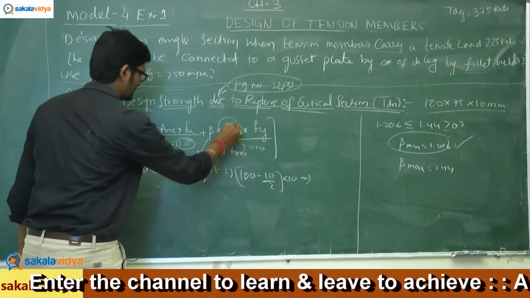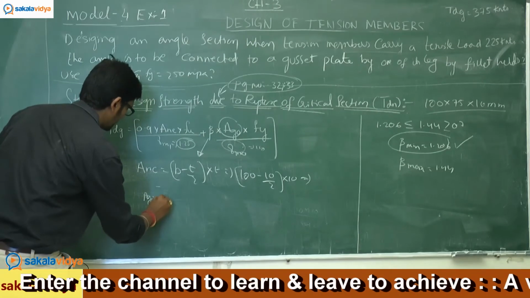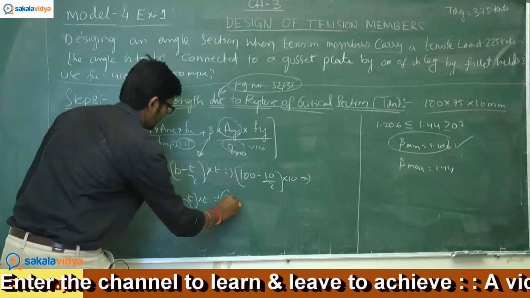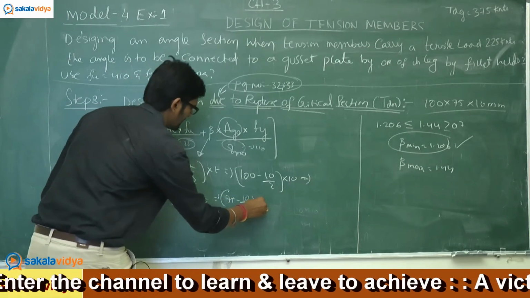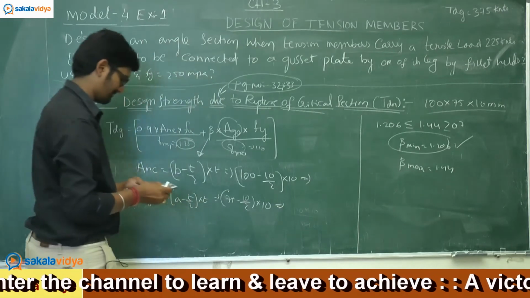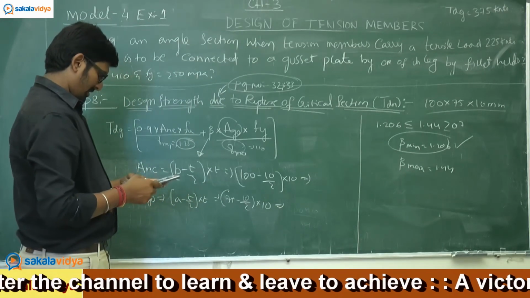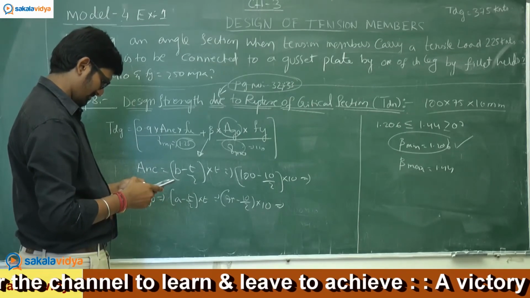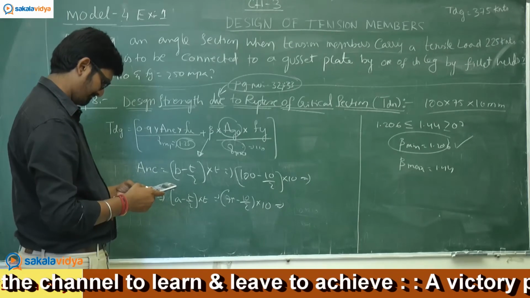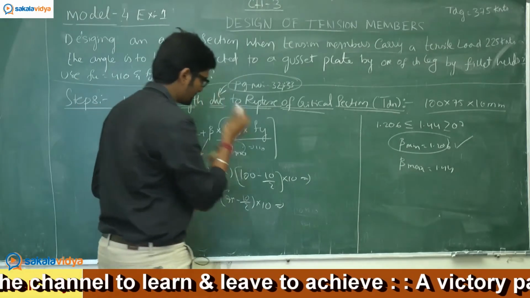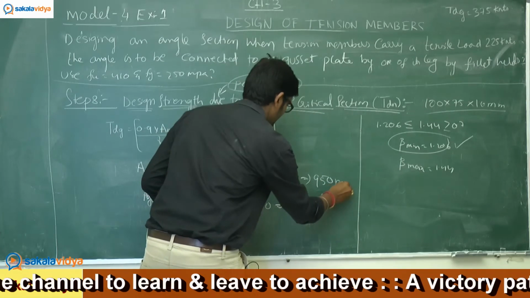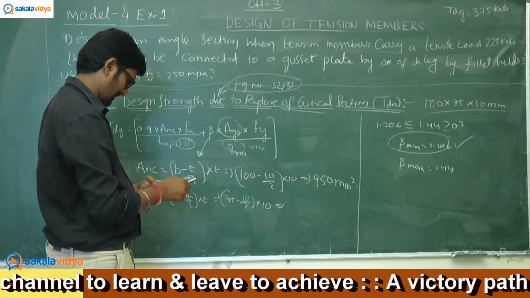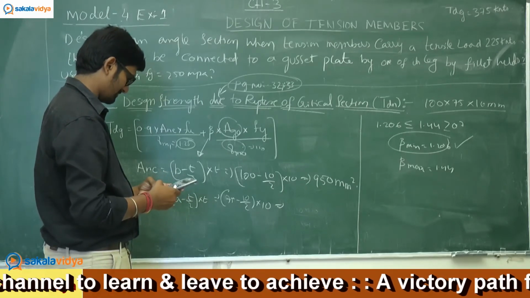And AGO is the area of outstanding leg, (A minus T by 2) times T, that is 75 minus 10 divided by 2 into thickness of the plate. So let us find both areas. 100 minus 10 divided by 2 into 10 is 950 mm square, because it is an area. Next, 75 minus 10 divided by 2 into 10, that is 700 mm square.